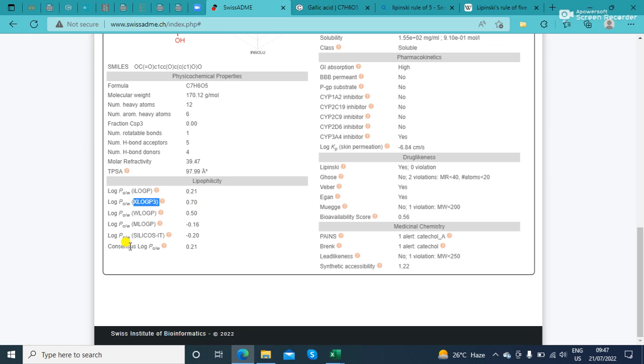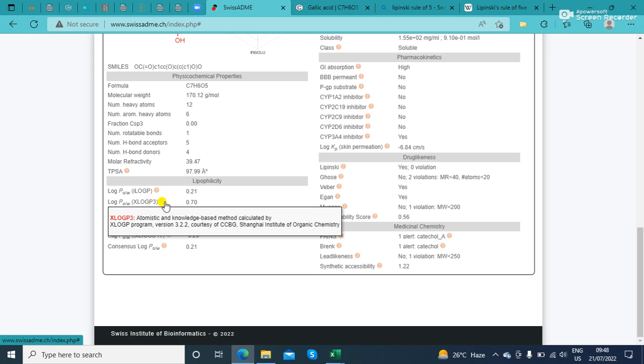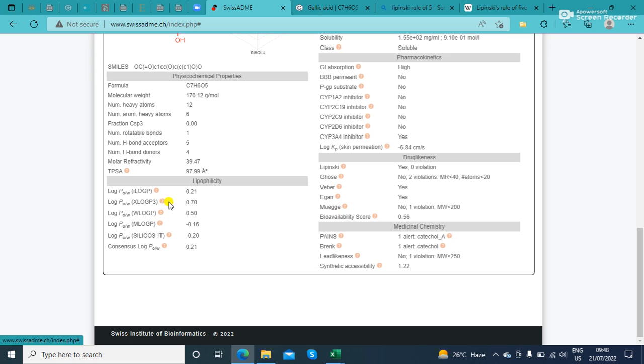But if you want, you can use the consensus log P, 0.221. But the XLogP3 is the one that is generally used.